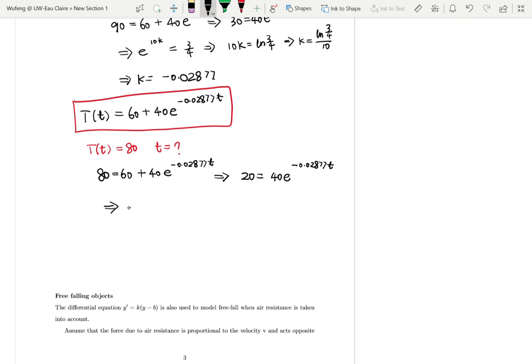You get e to the negative 0.02877t equals 1/2. Take ln on both sides: negative 0.02877t equals ln 1/2. And you solve t, which equals ln 1/2 divided by negative 0.02877. That approximates 24.09 minutes.